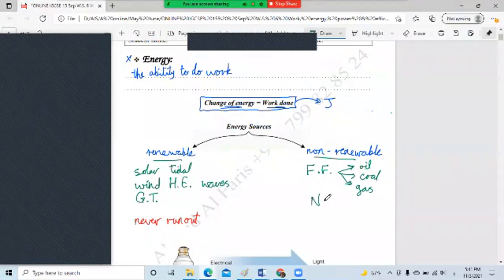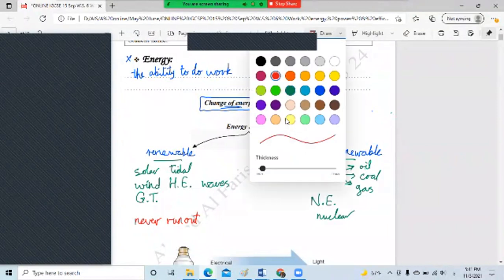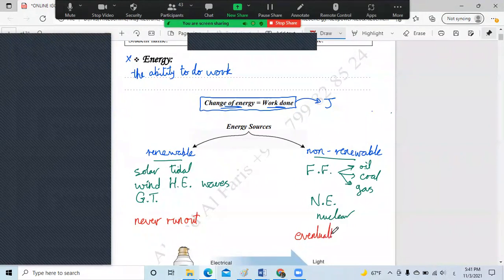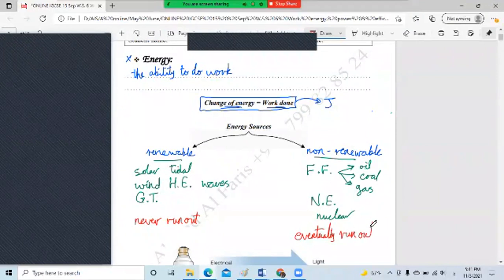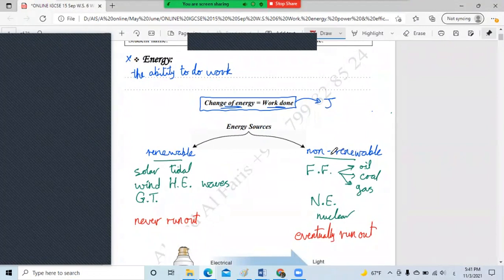And we also have nuclear energy. All these are energy resources that eventually will run out during human life. So this is the main difference between renewable and non-renewable energy resources.